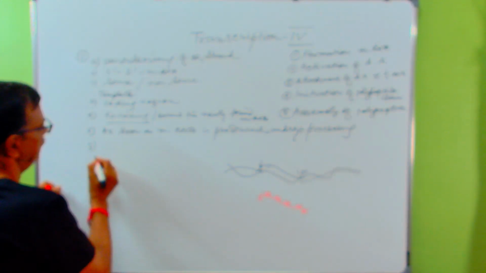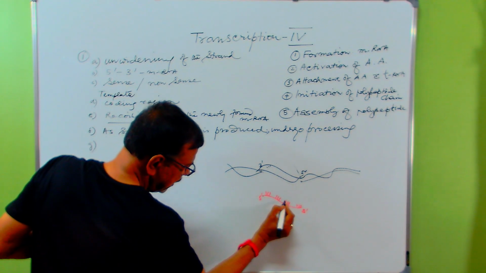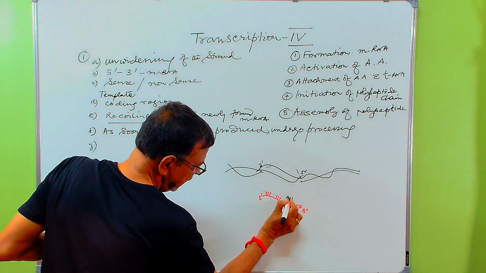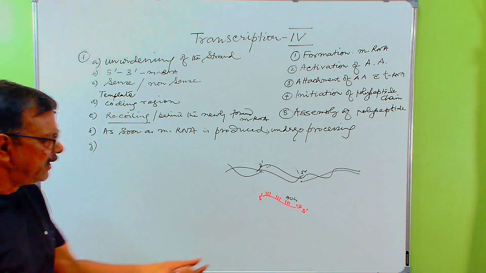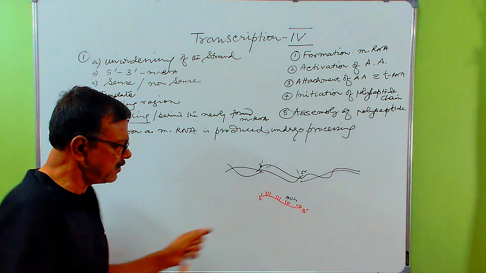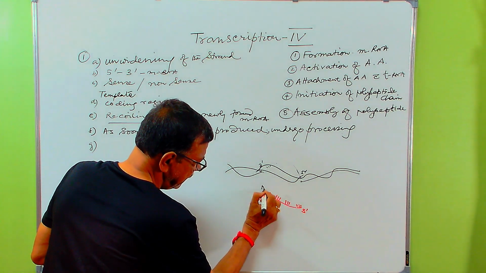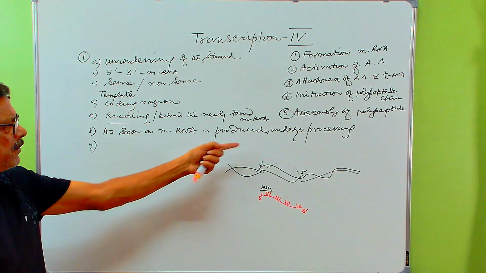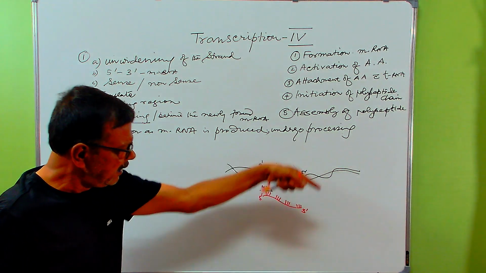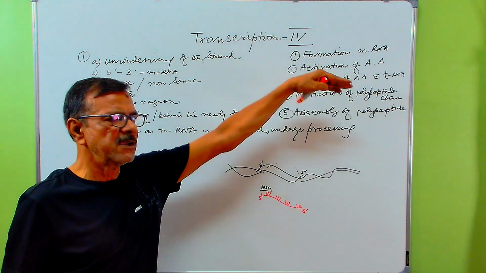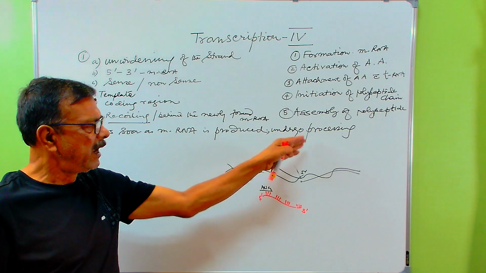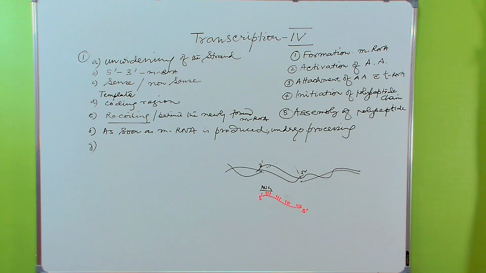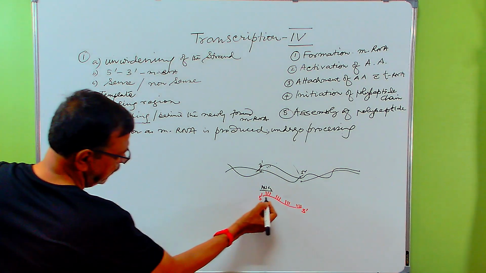For example, the initiation codon here is AUG. In the case of eukaryotes, after processing it goes out to the cytoplasm and attaches itself to the smaller subunit of the ribosome.